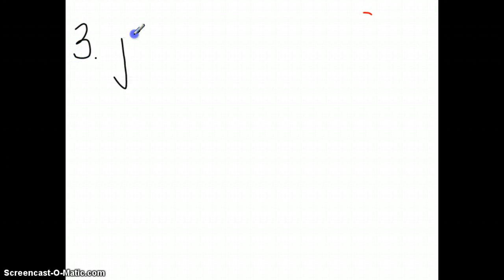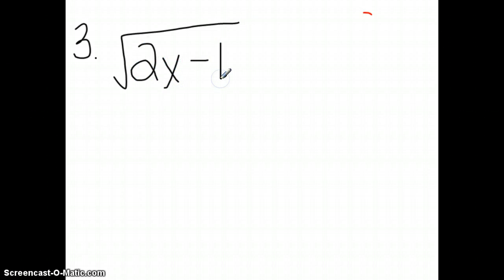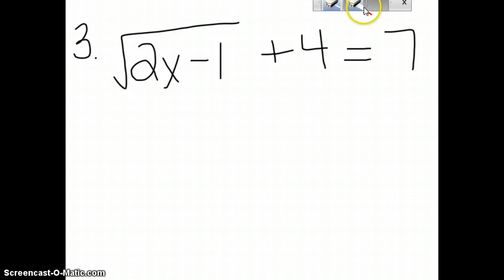Alright, let's do a little bit more difficult. Example number 3 is I have the square root of 2x minus 1 plus 4 equals 7. Okay. How do I get the radical by itself?